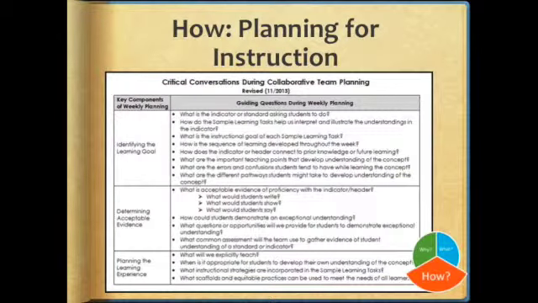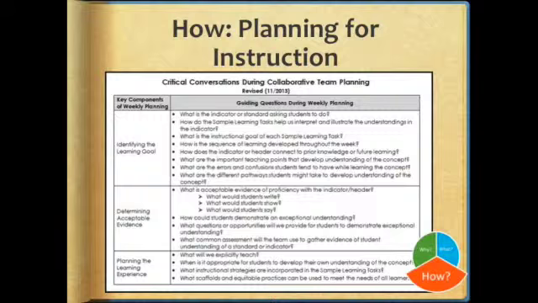This next image is also a document that I've provided that you can take a few minutes and read. It is also a list of questions that help guide teachers to have those collaborative conversations when planning for instruction. It's divided into 3 sections: identifying the learning goal, which is standards based, and determining acceptable evidence.